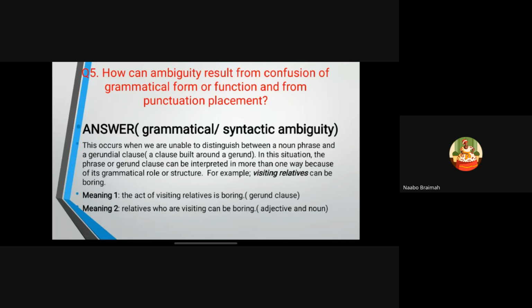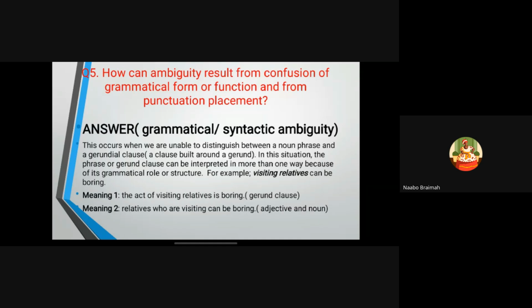This occurs when we are unable to distinguish between a noun phrase and a gerundial clause, which means a clause built around a gerund. In this situation, the phrase or gerund clause can be interpreted in more than one way because of the grammatical rule or structure.